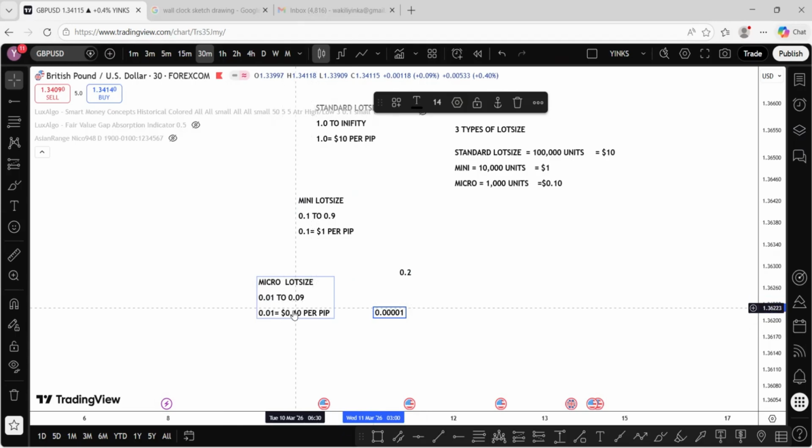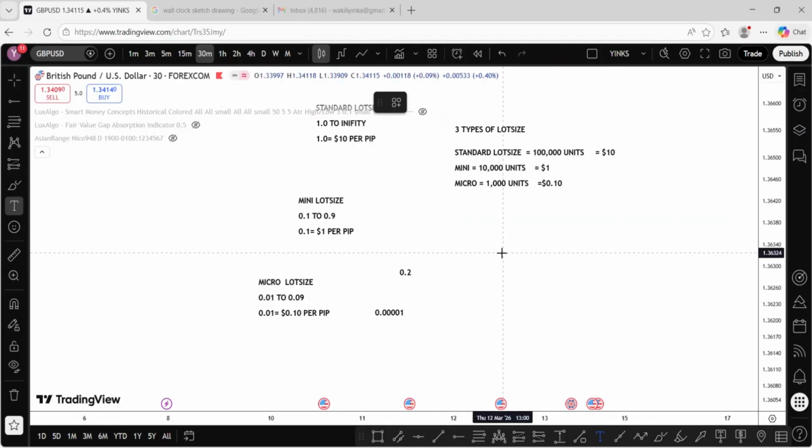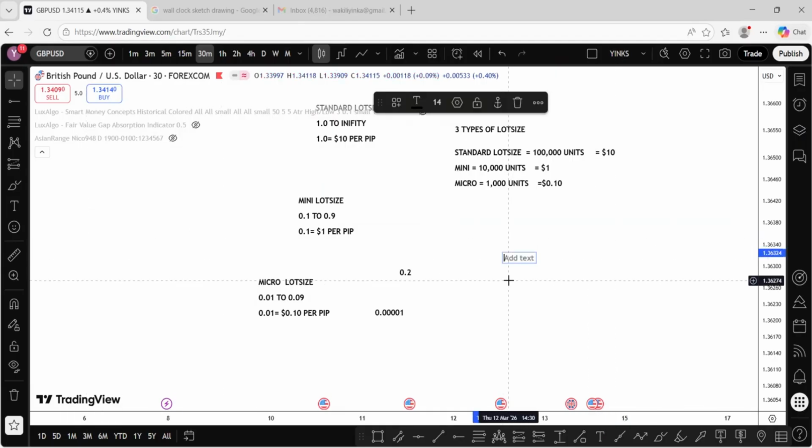Because as markets keep going against you and you're losing $10, assuming you're trading with standard, and price moves against you for 10 steps, your $100 capital is gone. Are you following? Now, let me rephrase that. Imagine you have $100 as your capital, and then you enter with one standard lot size.